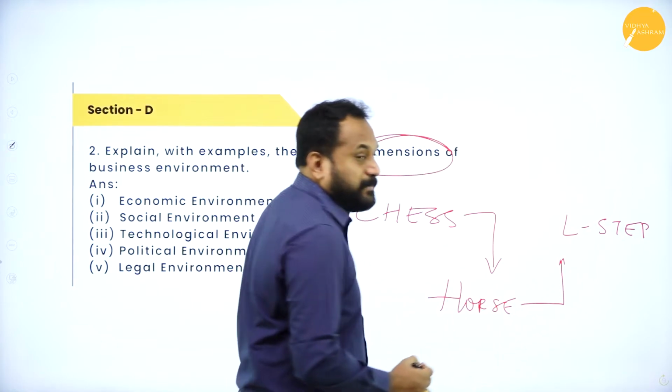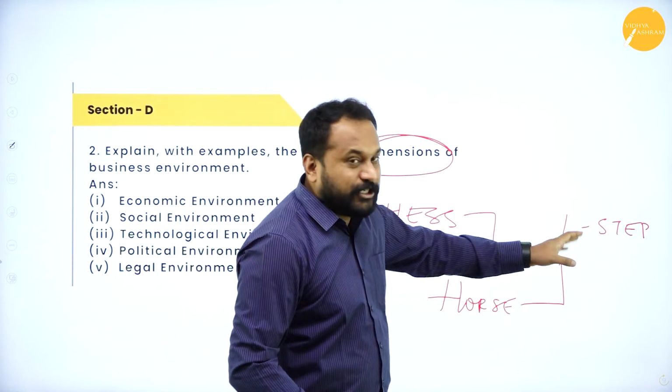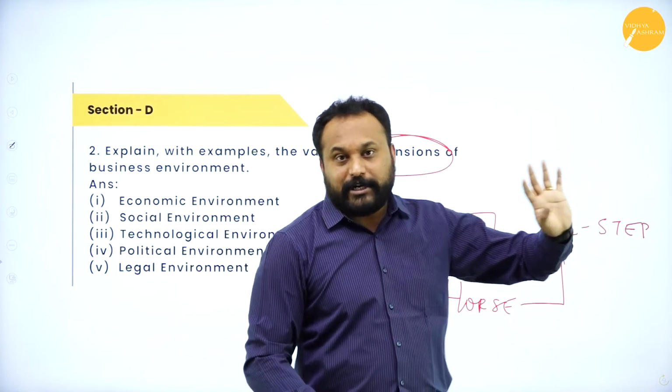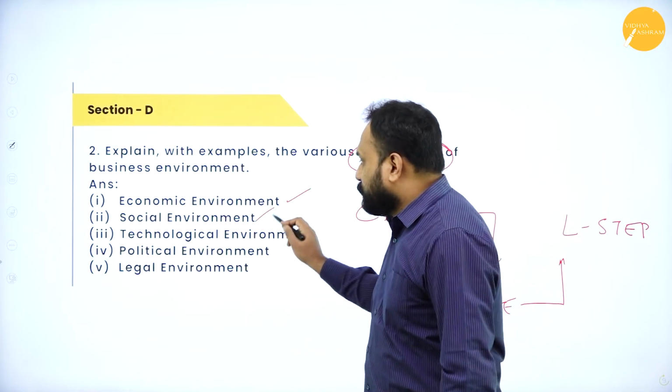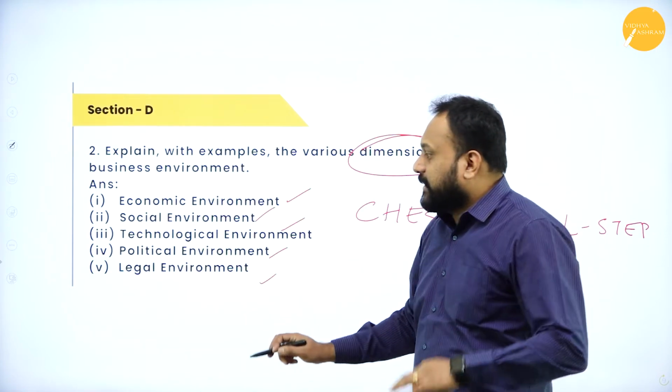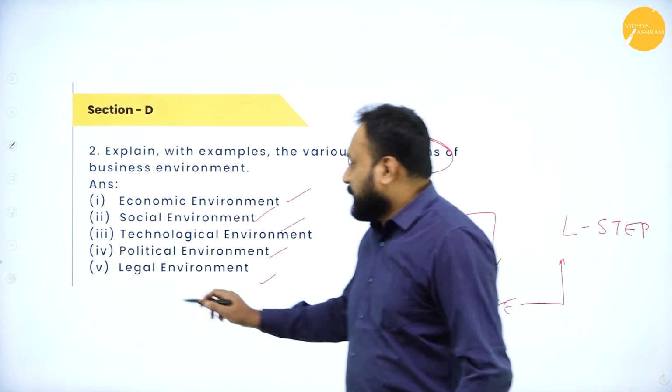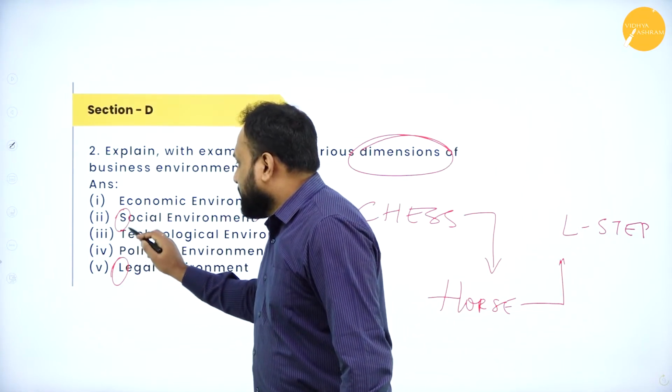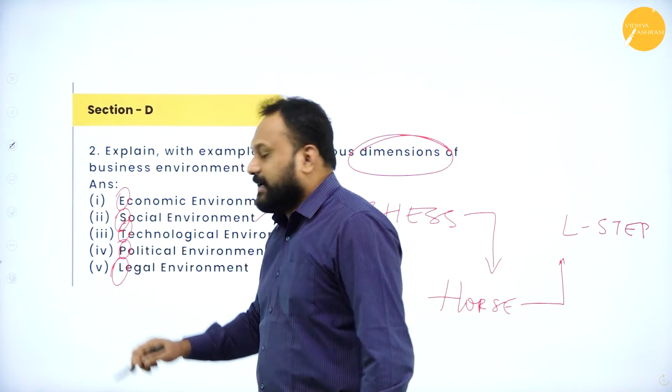This is what the L step is. That is legal, social, technological, economical, political. The same way here, economic, social, technological, political, legal, any kind of order you can go with. Now we have L, S, T, E, P, L step.